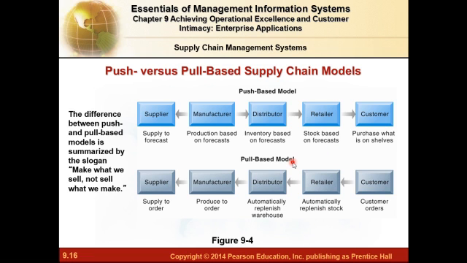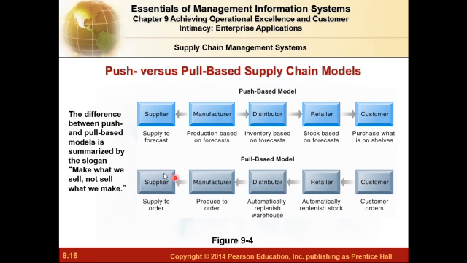In the pull-based model, it starts from the customer orders, and then the retailer automatically replenishes stock, goes to the distributor, who automatically replenishes the warehouse, goes to the manufacturer, produce to order, and then goes to the supplier, supply to order.